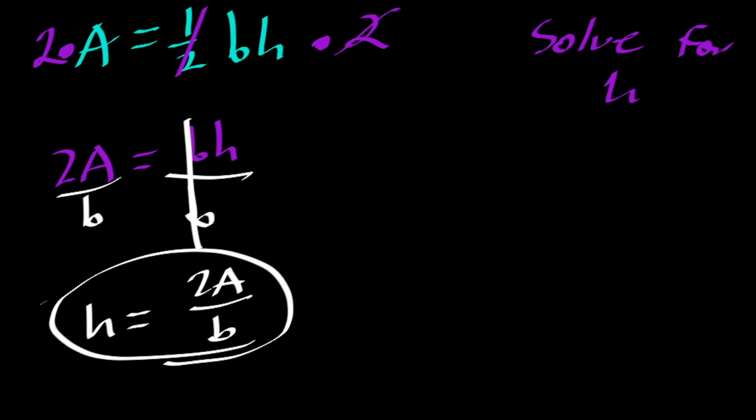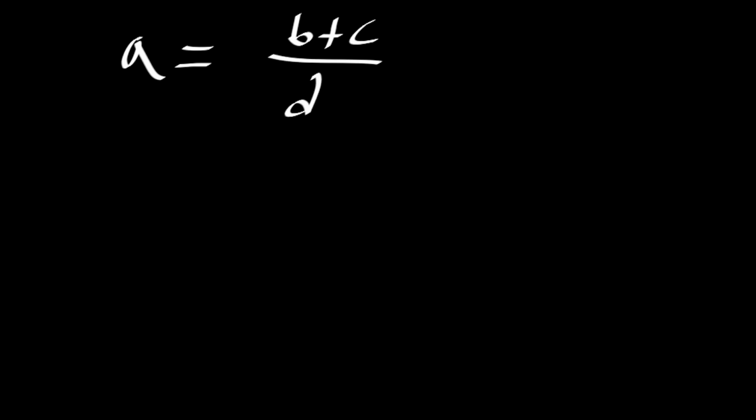All right, let's try another one. Let's say I have a equals b plus c over d. And my job is to solve for b. So for b, let's solve for b.